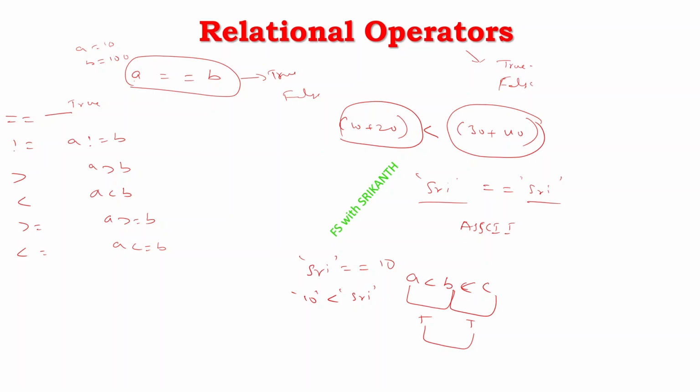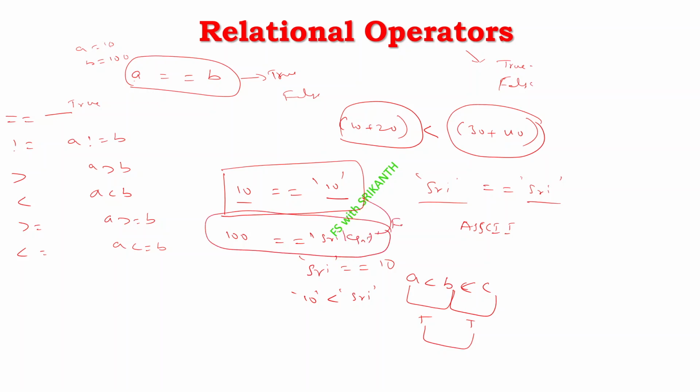So integer to integer and string to string works. Even though we compare the string "10" with the number 10, it returns false. In the same way, 100 equal to "SRIKANTH" is also false. We get false as the return.